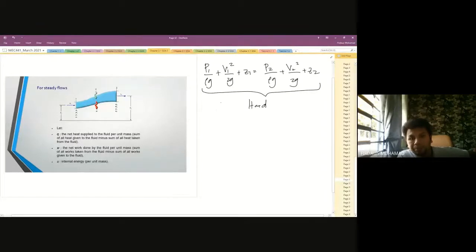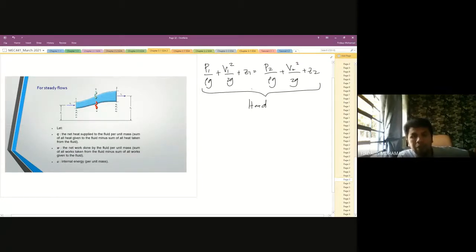This Bernoulli equation is defined based purely on the fluid flow, so there is no mechanical device such as a pump or compressor or turbine that produces work in this particular system.